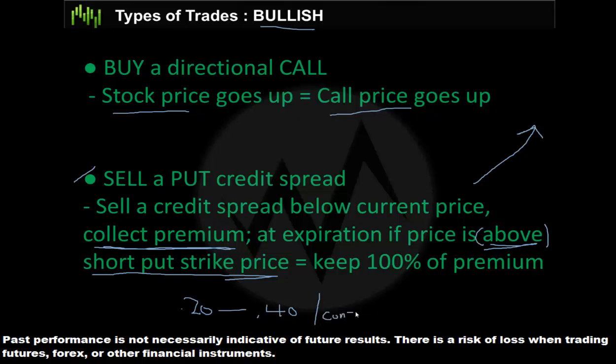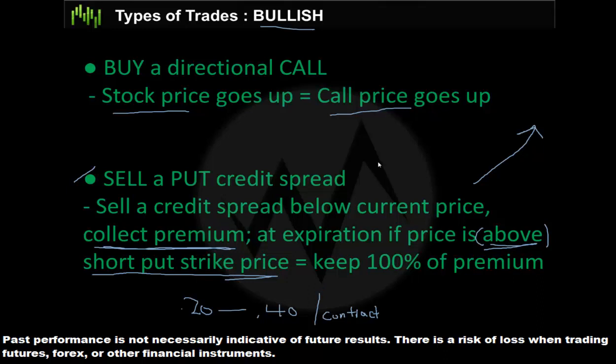Usually I trade around 10 contracts every week in a particular stock. I'll show you that later. So that's the idea of what we're collecting, $20 to $40. If price is above the short strike, then we keep 100% of the premium.